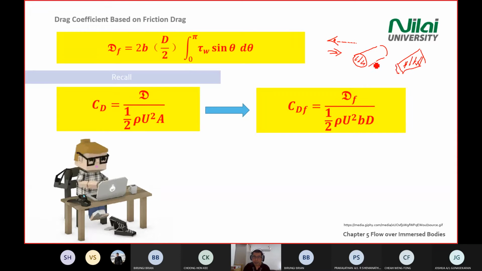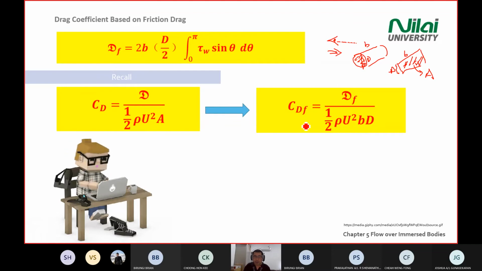What is the length here? It is actually the D, and B is the length. So this forms your A. That's why we can write our A as BD.